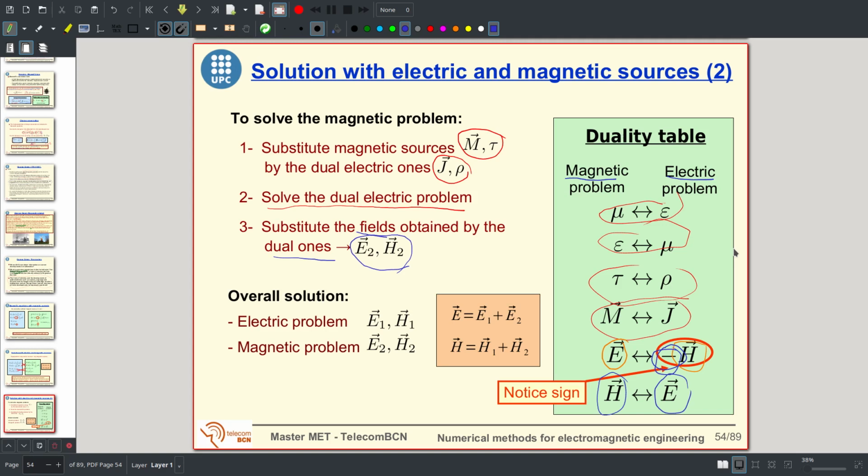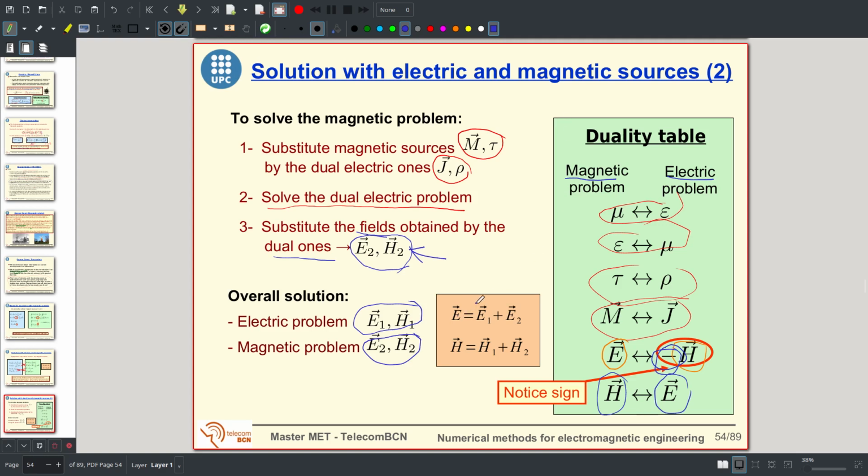So using this trick of using duality, the duality table, what we get is the solution of the magnetic problem, E2 and H2. Now we have the solution of the electric problem, which was computed conventionally. We have the solution of the magnetic problem that has been solved using duality and solving in fact the dual electric problem.